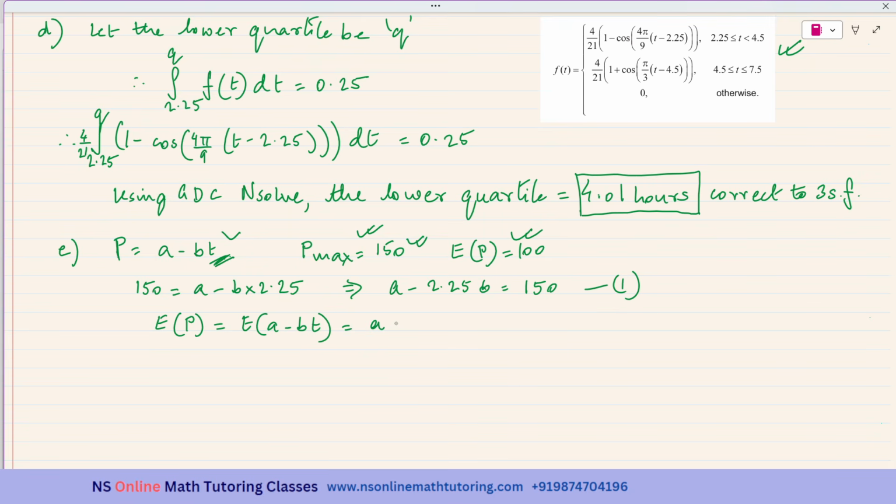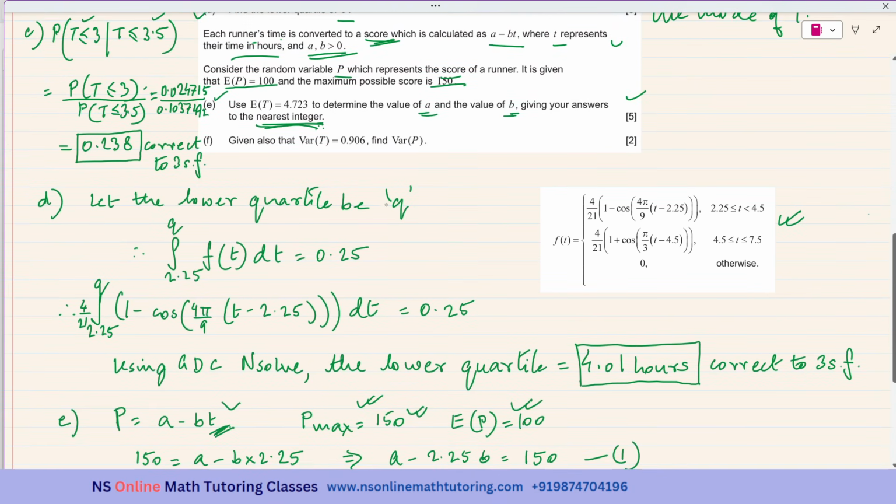It will be equal to A minus B times the expected value of T. So this should be equal to 100. Therefore, A minus, what was the expected value of T given?